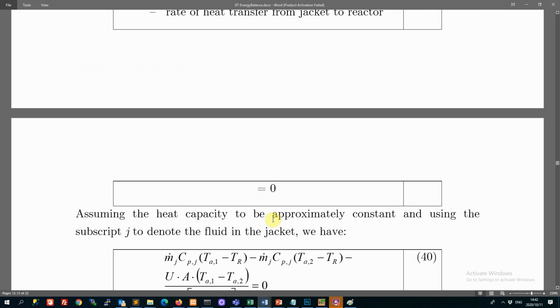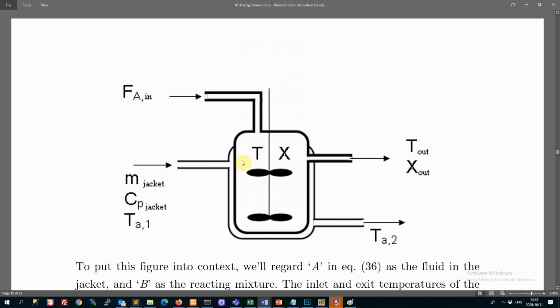And then you say to yourself, well, under what condition could I chuck out one of these variables? And you think, well, what if I used a nice high flow rate through my jacket here? Then my exit temperature will be closer and closer to my inlet temperature. And so instead of dealing with 2 different temperatures, let's just call it 1 temperature.